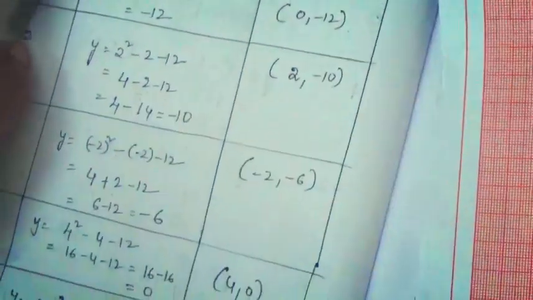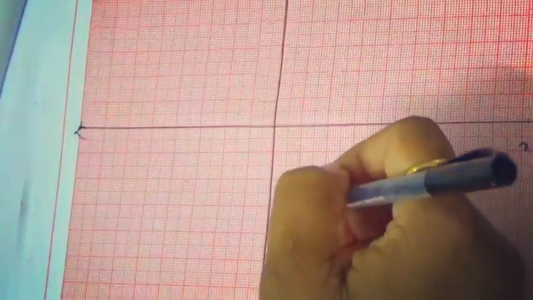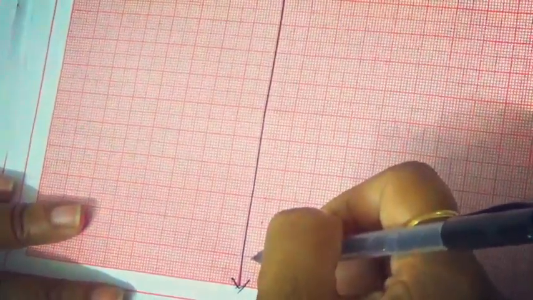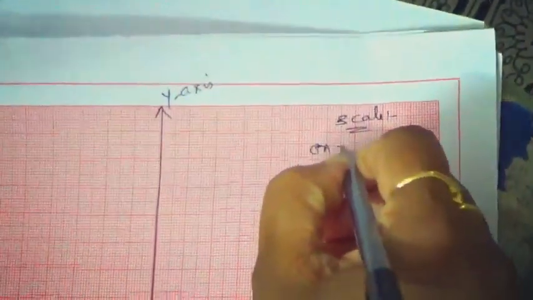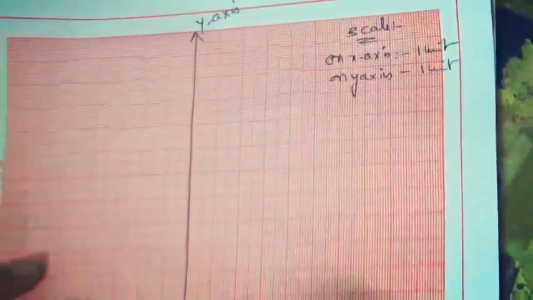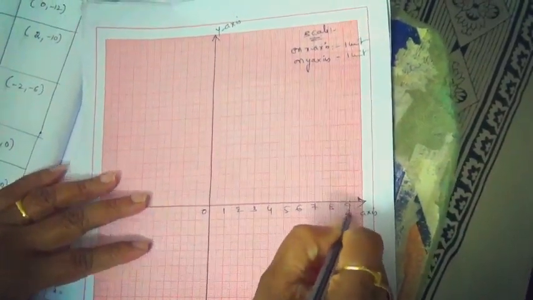Minus 12 is there, minus 10 is there. Are these values sufficient? 1, 2, 3, 4, 5, 6, 7, 8, 9, 10, 11, 12. Yes, it is sufficient. Hence I am taking 1 unit on the x-axis, and 1 unit on the y-axis also.